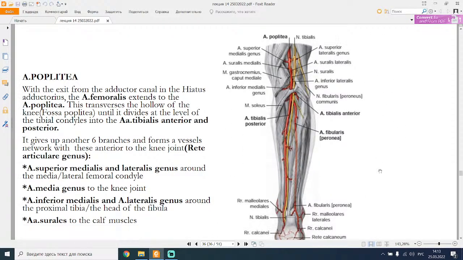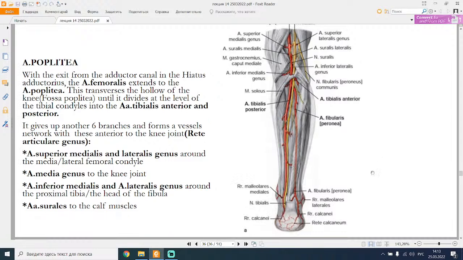Next, arteria poplitea. With the exit from the adductor canal in the hiatus adductorius, the arteria femoralis extends into the arteria poplitea.